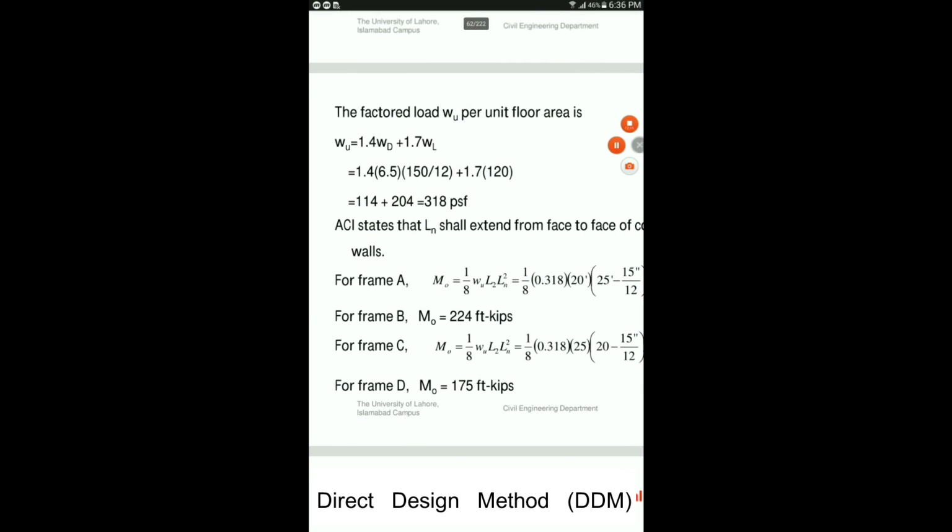You will have slightly lower values because the actual coefficient you will use in your numericals for dead load is 1.2 instead of 1.4, and for live load you will choose 1.6 instead of 1.7.